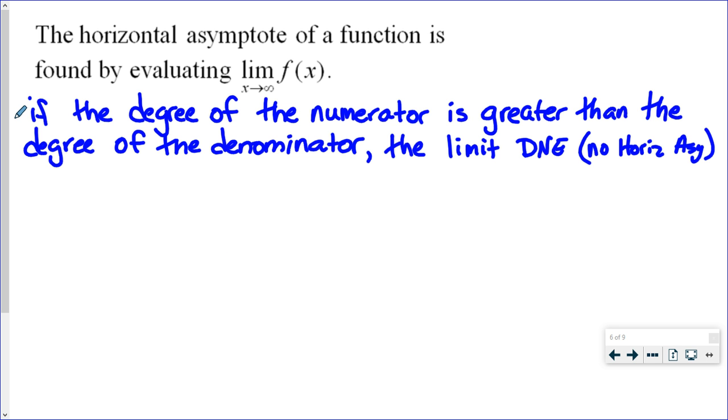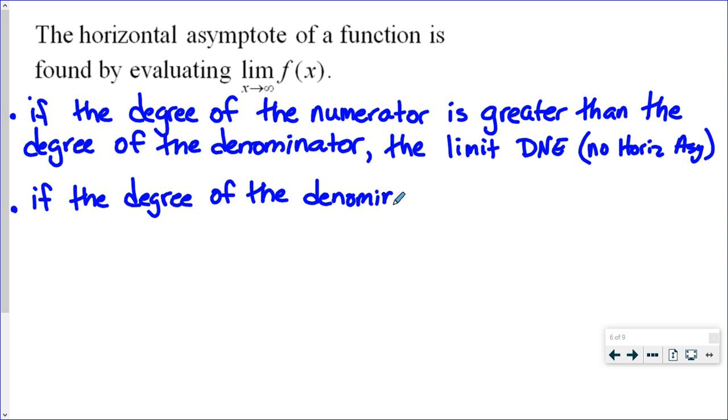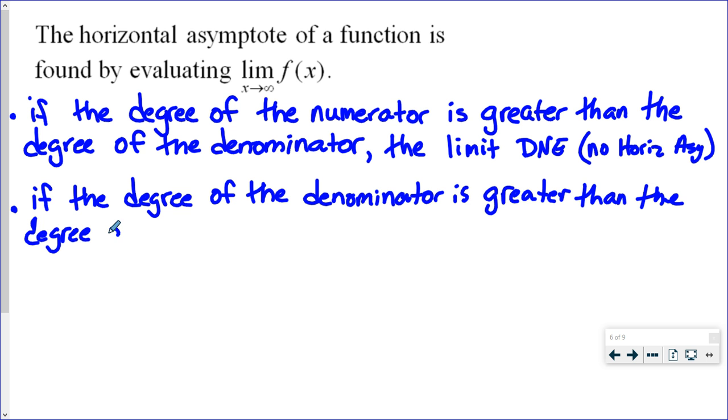All right, so that's our first case. Our next case: if the degree of the denominator is greater than the degree of the numerator, what happens when the denominator is much larger? 0.